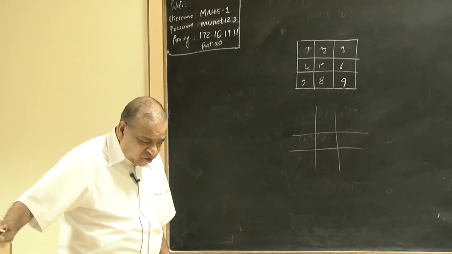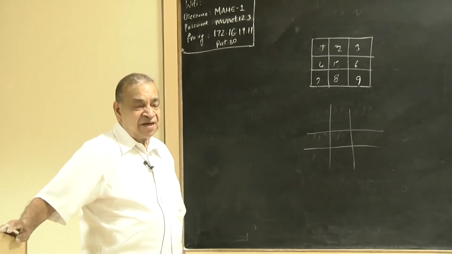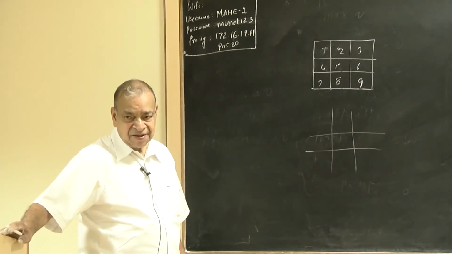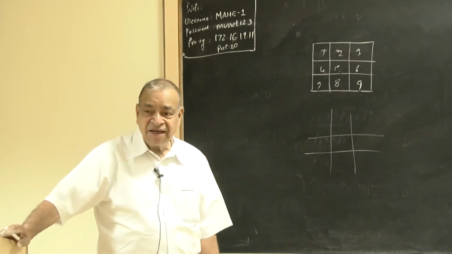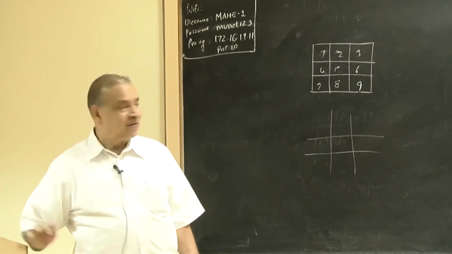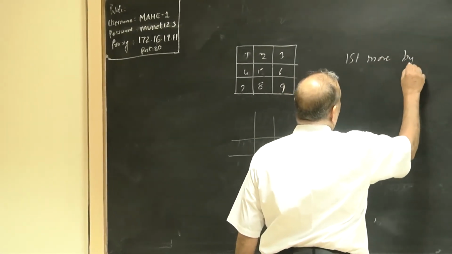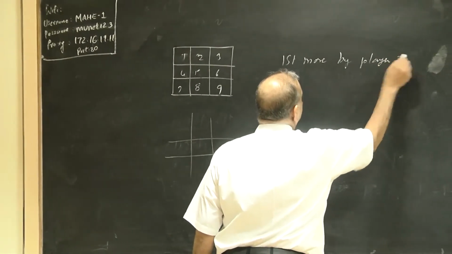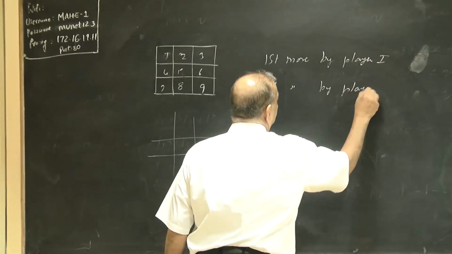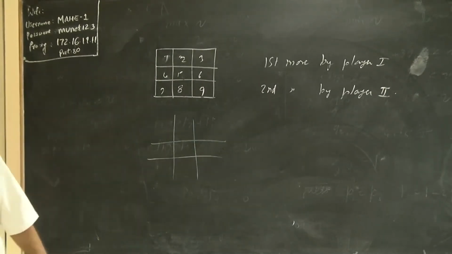Suppose a player doesn't want to play; he wants someone else to represent him. That means the person must give complete instruction to his representative. I am considering only the first 2 moves. First move by player 1, second move by player 2.